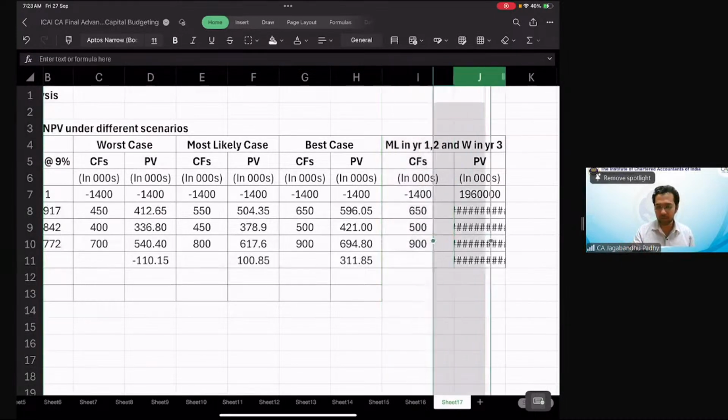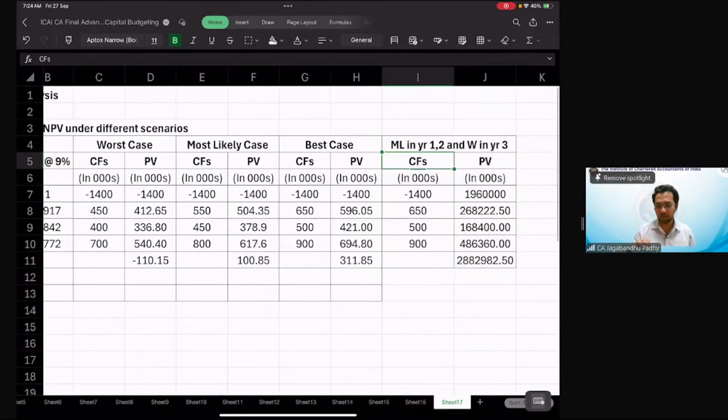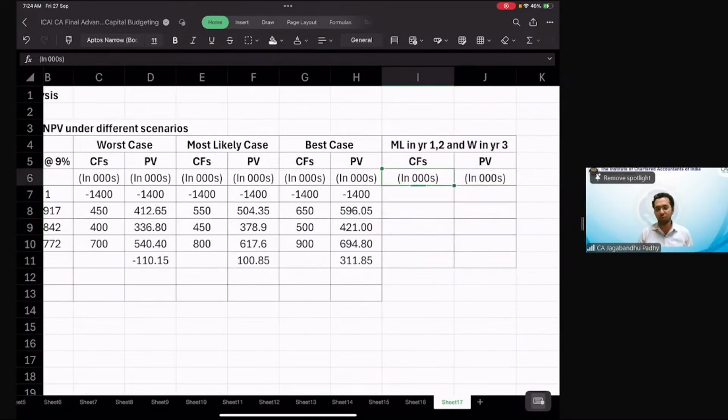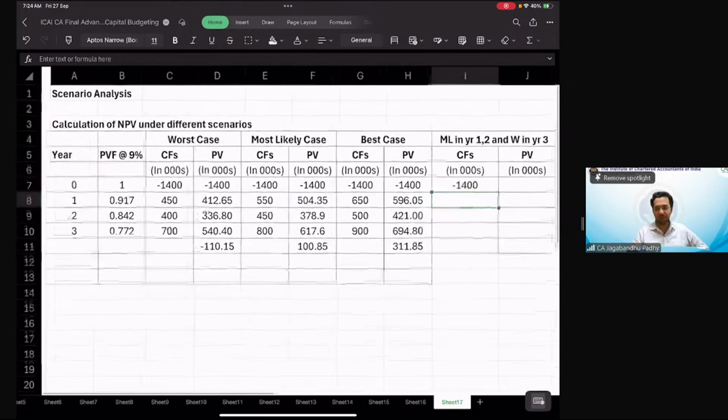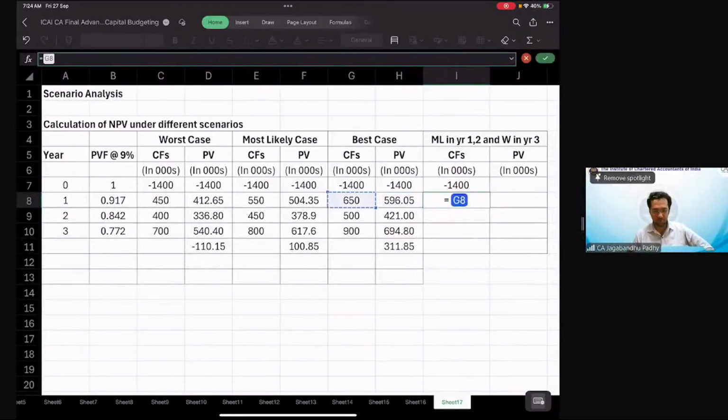So if this is the scenario, cash flows are expected to be the most likely number in the first 2 years. So of course, initial year, it's going to be 1400. But then in the first year, we are likely to get the most likely number. Most likely cash flow is expected in the first 2 years.